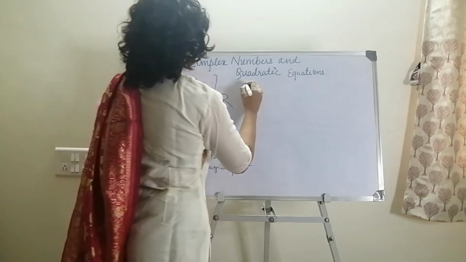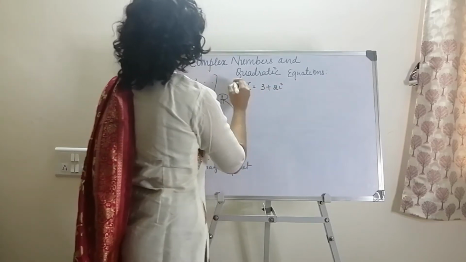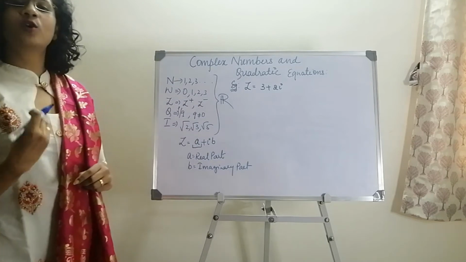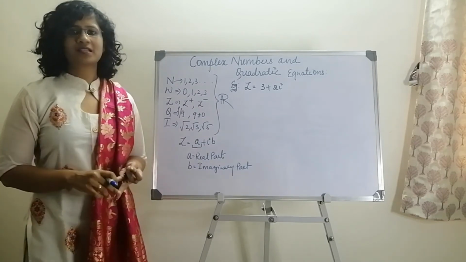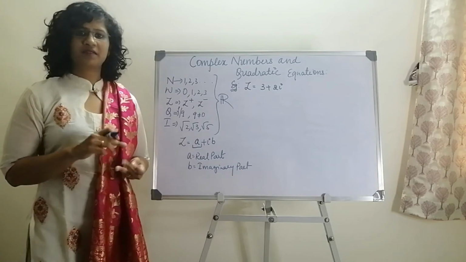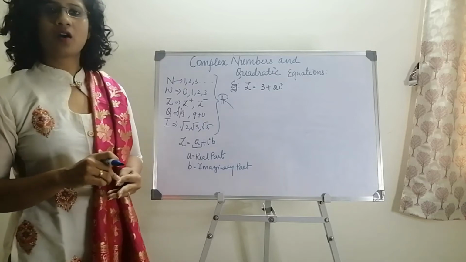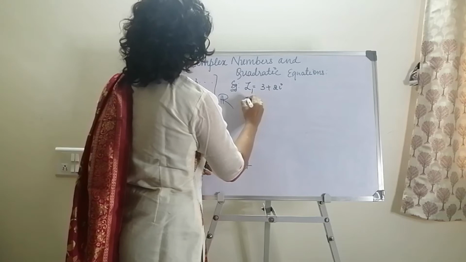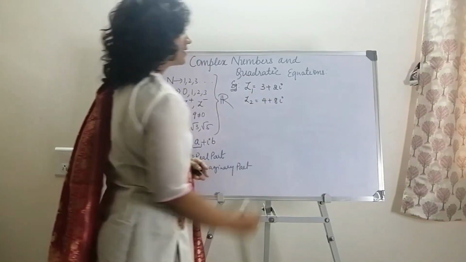So for example, let me take this as an example to explain how we go about adding a complex number, subtracting a complex number, dividing a complex number and multiplying a complex number. So if I consider Z1 as 3 plus 2i, and Z2 as 4 plus 8i.